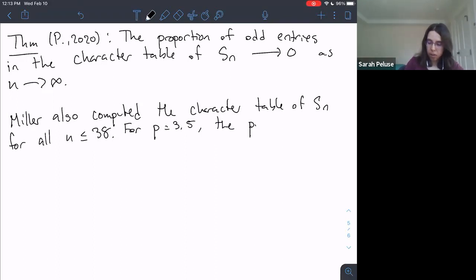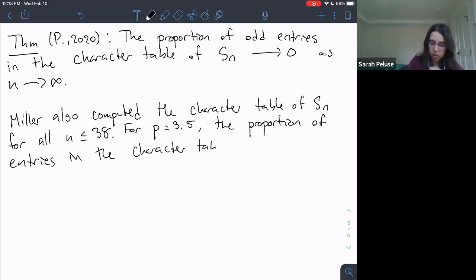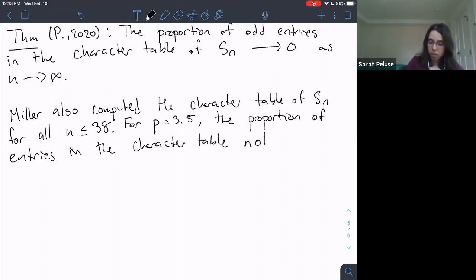the proportion of entries not divisible by p seemed to also be going to 0 as n grew.